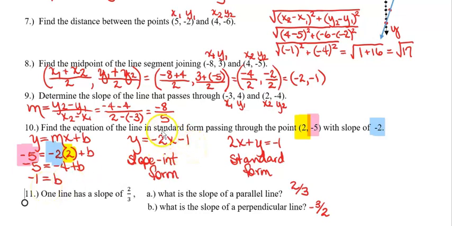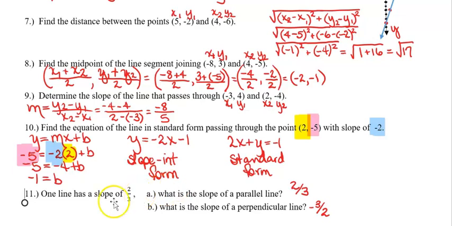But if you'll notice, it told us to give our answer in standard form. So remember, in standard form, your x and y are on the left-hand side, your constants on the right-hand side, and you don't have any fractions. So I'm going to add my 2x to the other side, and so I'll have 2x plus y is equal to -1 in standard form.